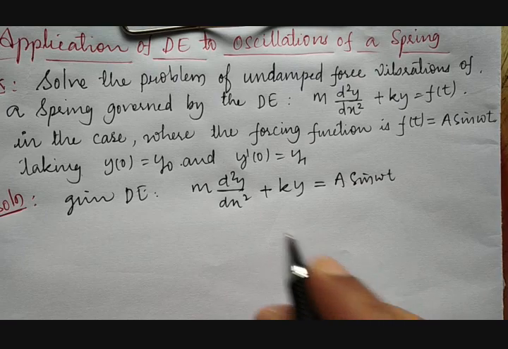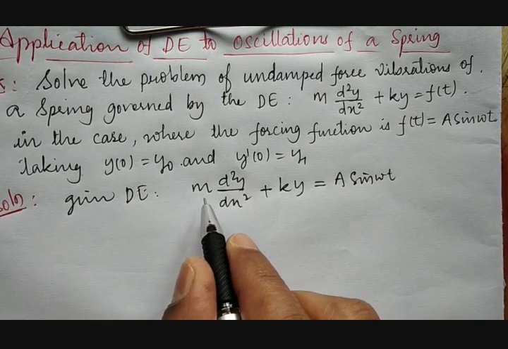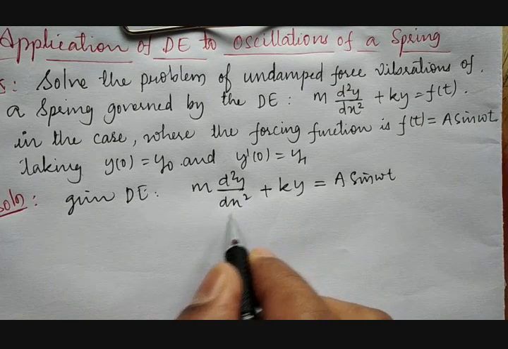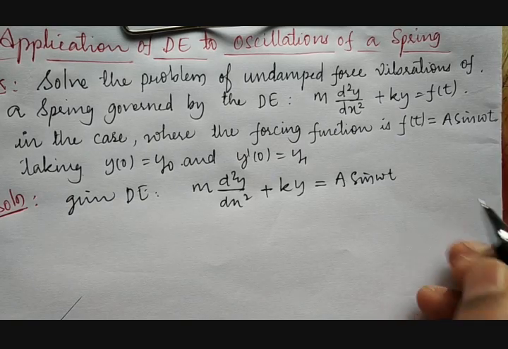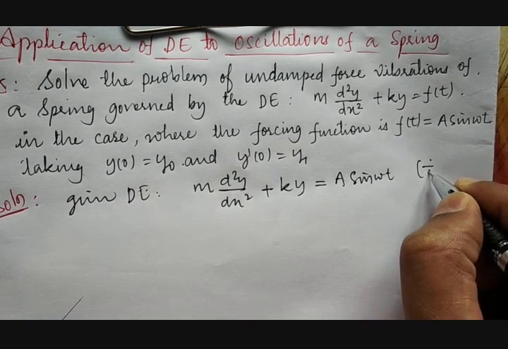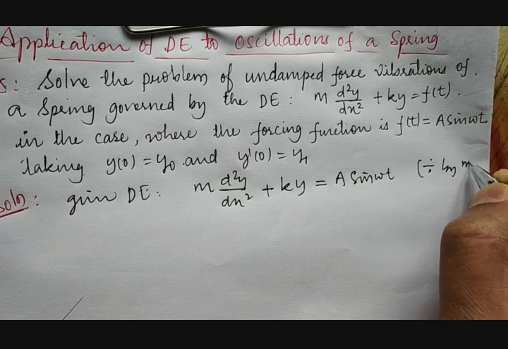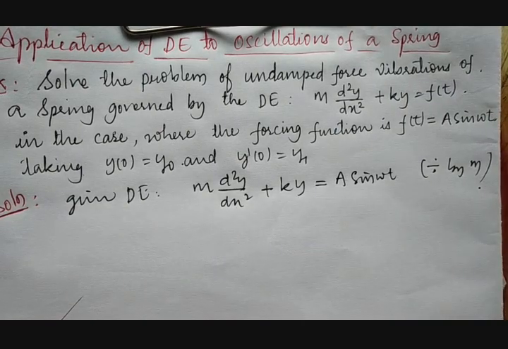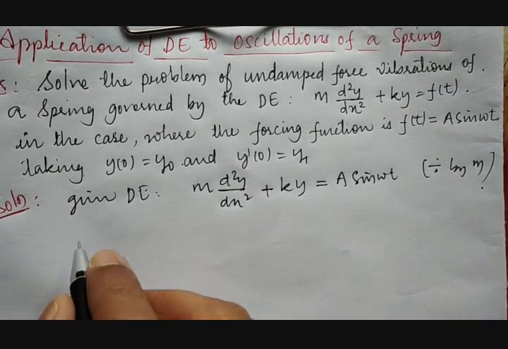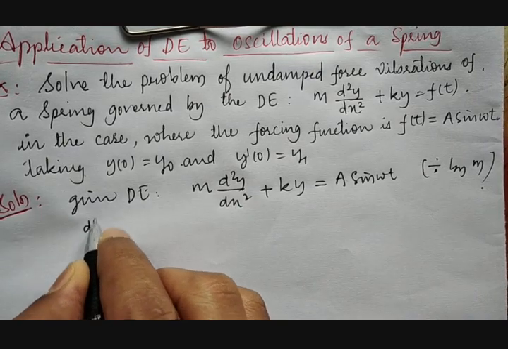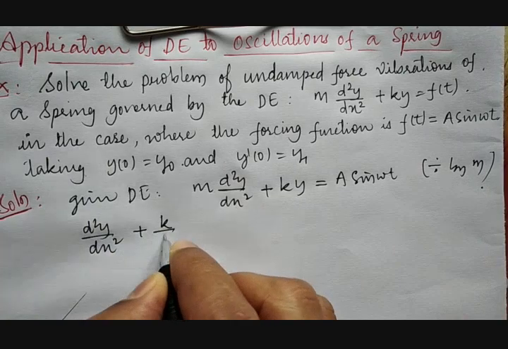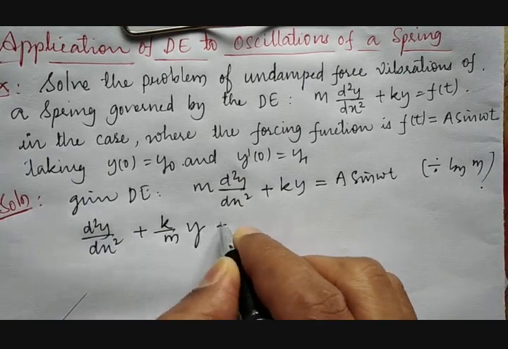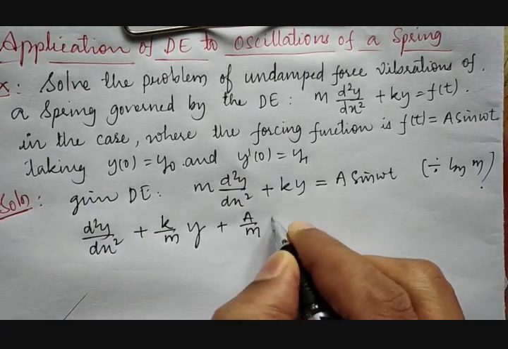But one thing we observe: the coefficient of d²y/dx² would be better if it were not there. So let us divide the whole equation by m. If you divide the whole equation by m, then what do we get?